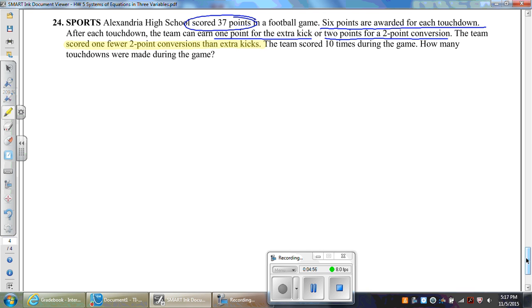define our variables. Now, if you read the question, it says how many touchdowns were made during the game. So to define my variables, I'm going to use x, y, and z.